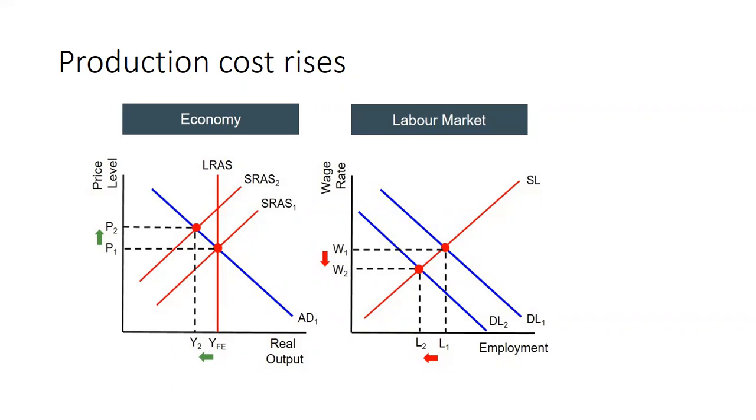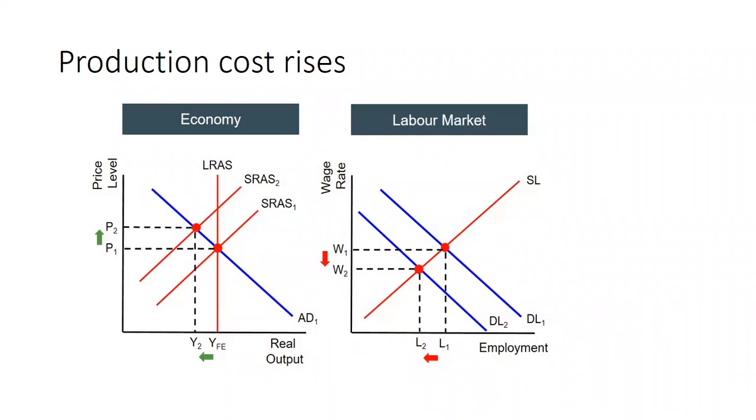Now, I just put this on the right-hand side because if I'm making less product at Y2 than YFE, I need fewer workers. If the demand for workers goes down, wages decrease.